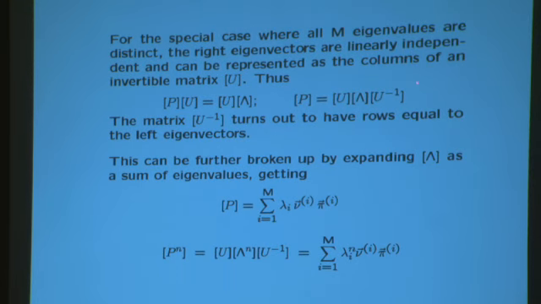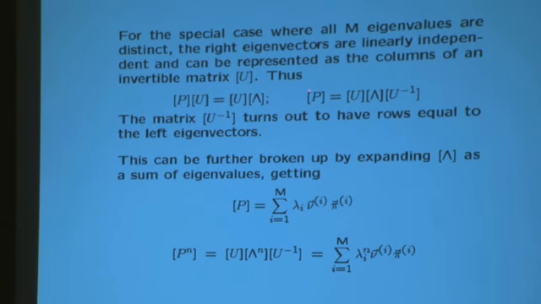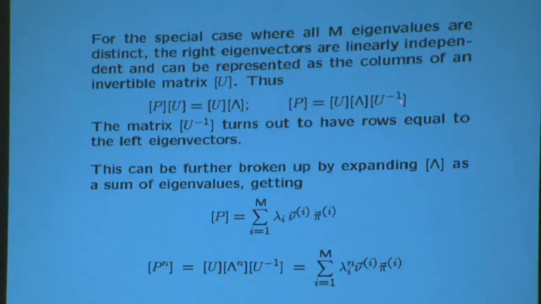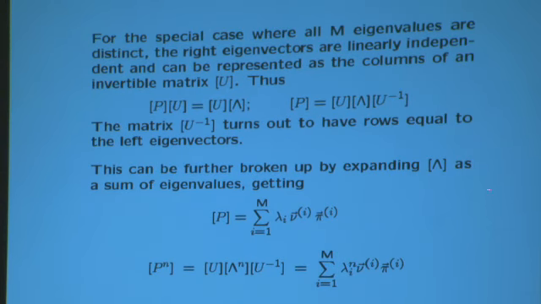Each u to the minus 1 cancels out with the following u, and you wind up with p to the n equals u times lambda to the n times u to the minus 1, which says that p to the n is just this sum here. It's the sum of the eigenvalues to the nth power times these pairs of eigenvectors. So this is a general decomposition for p to the n.